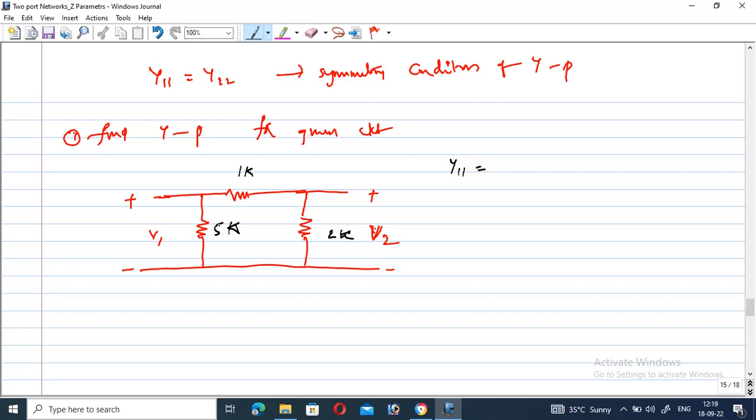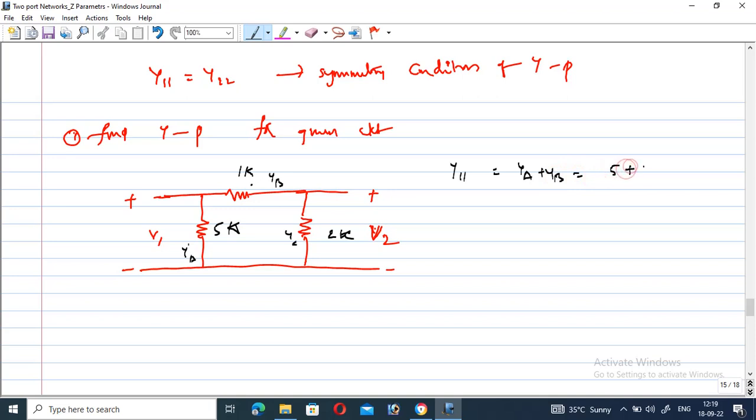Y11 is equal to YA plus YB. Assuming the YA, YB, YC format, we are calculating the admittance parameters. Y11 is equal to, what is the value here? YA plus YB.